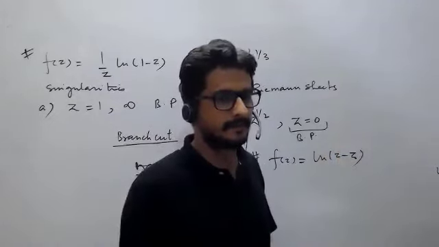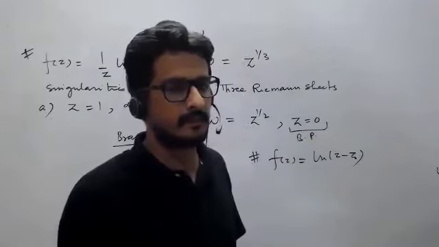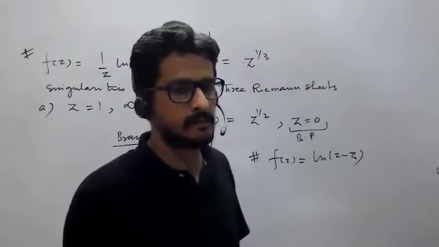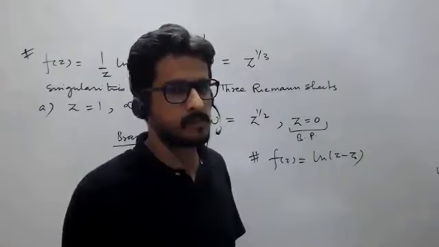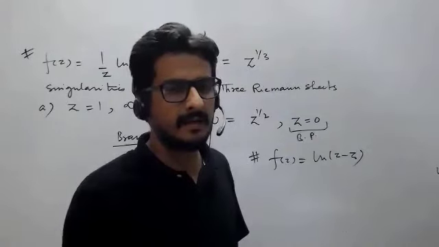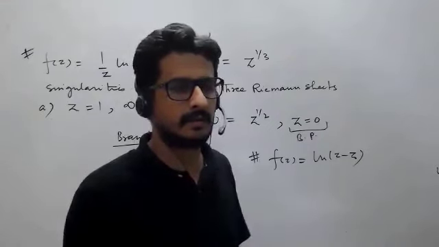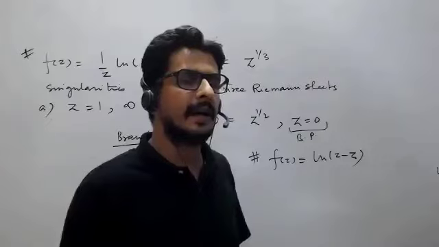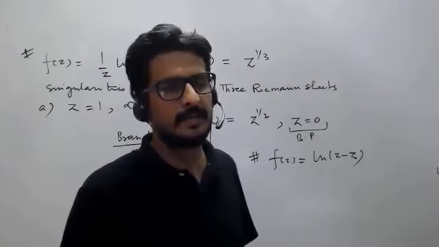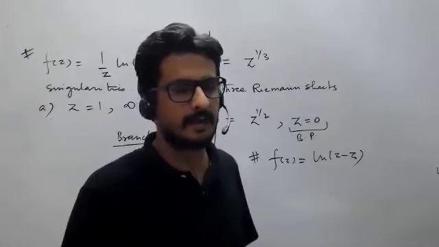Sir, you had taken one example of ln (z minus 2) to the power half, a single one. No, there was no such example. Yes sir, ln of (z minus 2) to the power half. Where was that example?